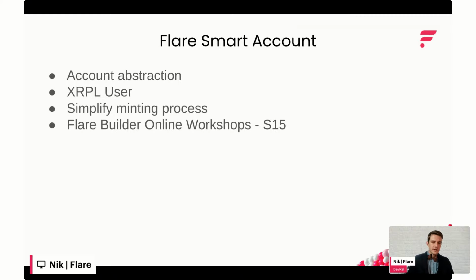So the XRPL user, when they want to do something on Flare, they signal their intent by sending a payment transaction to the operator address with the instruction encoded and attached to that, and then the personal account actually executes that instruction. More happens between those two steps, but I'll cover that in just a second.